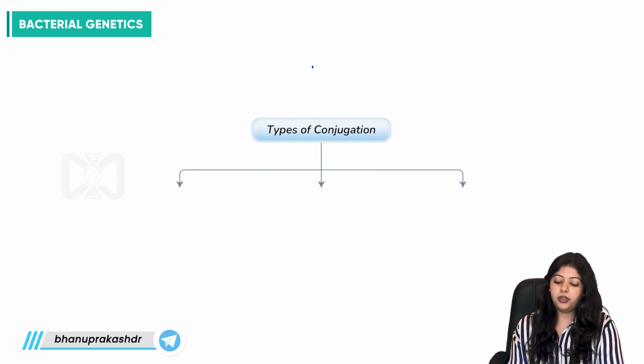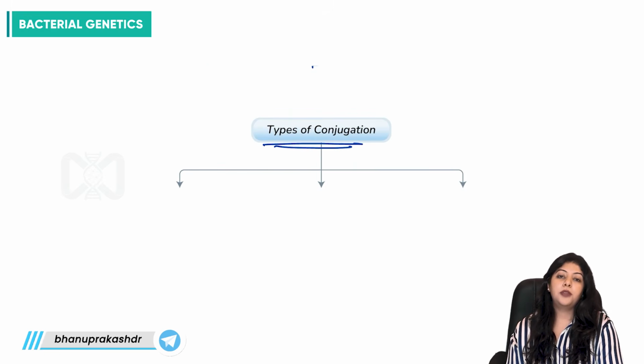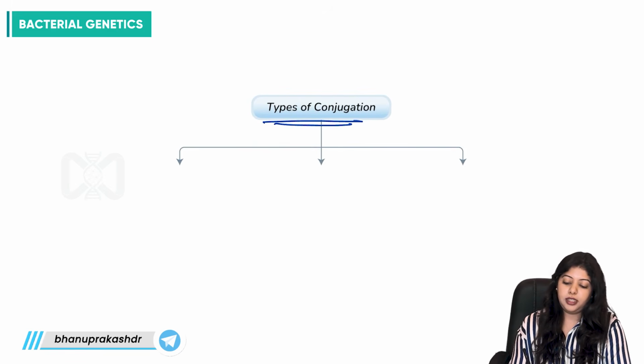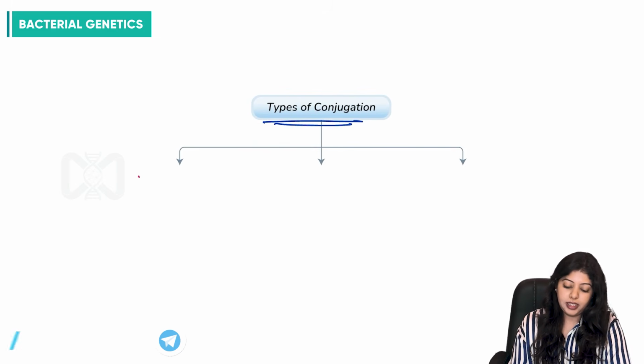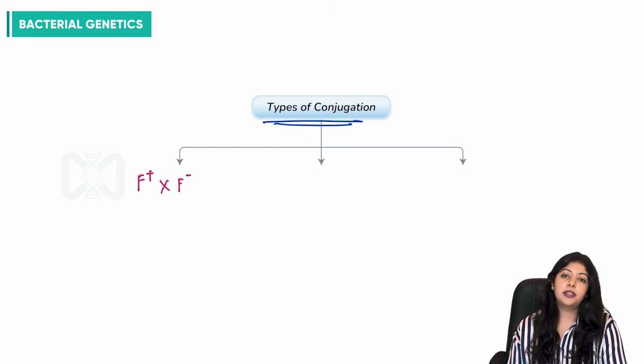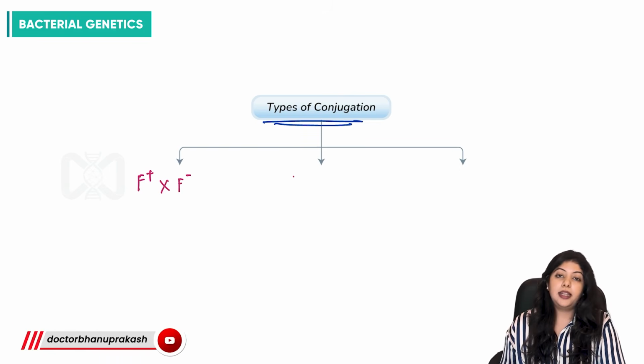Now talking about the types of conjugation, we first know that the commonest one is F plus and F minus. We'll understand it in later slides.